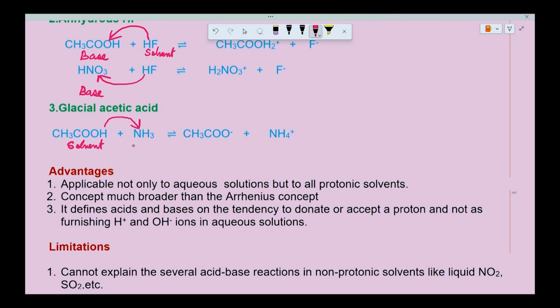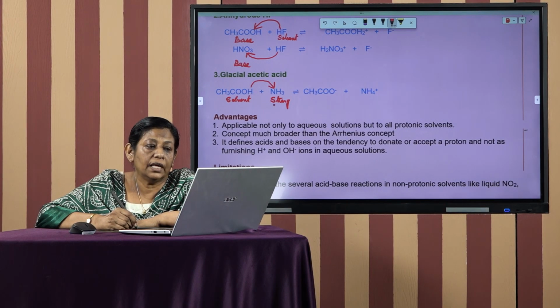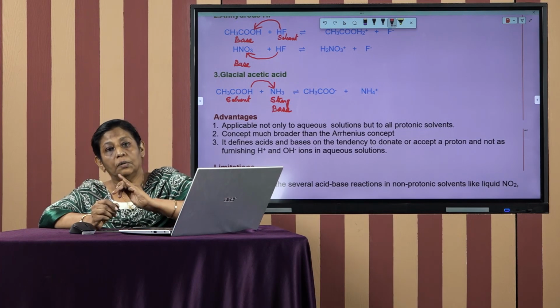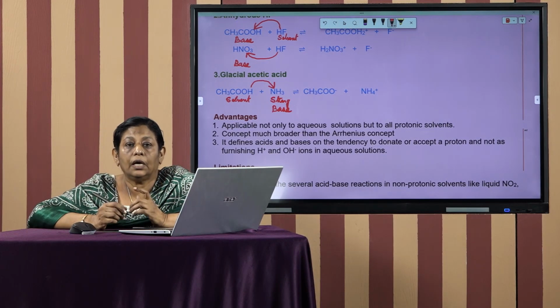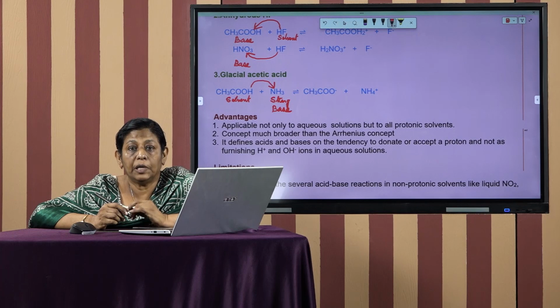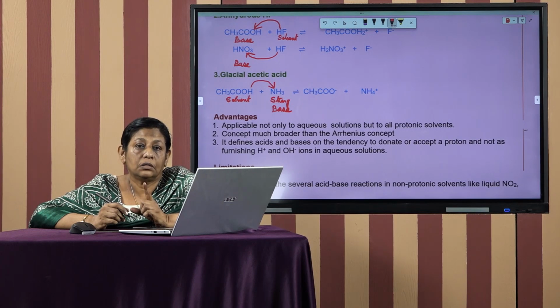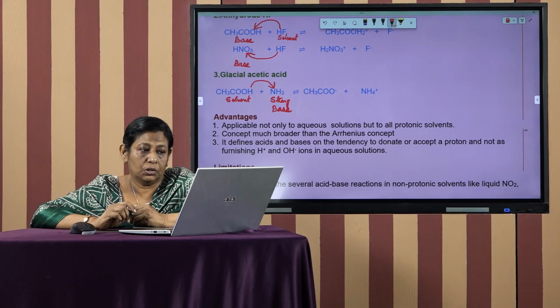Or you can say that ammonia becomes a strong base when I take glacial acetic acid as the solvent. So, solvent also determines whether an acid will be a strong acid or a base will be a strong base. It is determined by the nature of the solvent also.